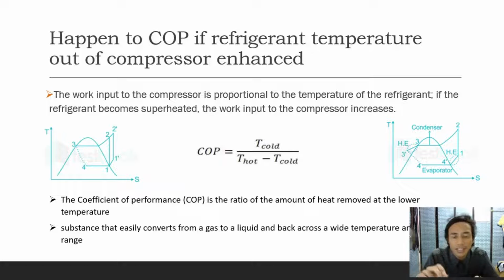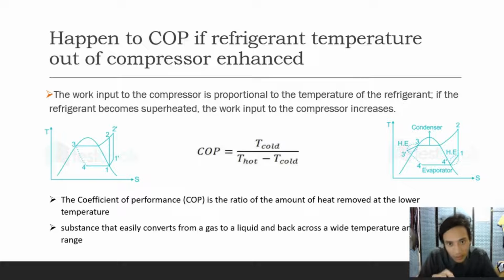This superheating is achieved using a heat exchanger, in which the liquid refrigerant comes out of the condenser subcooled, and the refrigerant in the evaporator is superheated. So it means the superheating of the refrigerant in the evaporator will also increase the refrigeration effect.